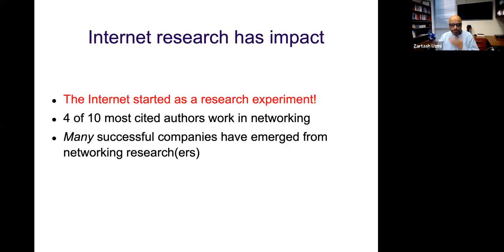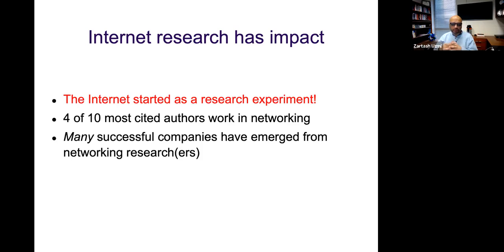Also, internet research has a very broad impact. It's very fascinating to see that the internet started as a research experiment. A research agency in the US, coming from the Defense Department, started this experiment, and it just proliferated, and we now have nodes everywhere in the world.